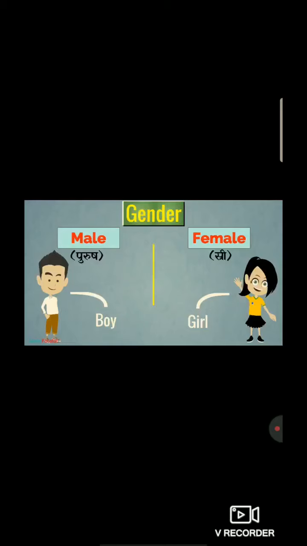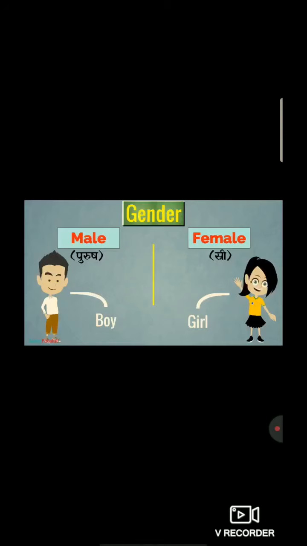Okay students, now here is the picture which is flashed on your mobile phone, as you can see, that is gender. One side is male gender and the other side is female. For male gender in Hindi we call it pulling. For female it is called stree, right? In male gender there is a boy and in female gender there is a girl.